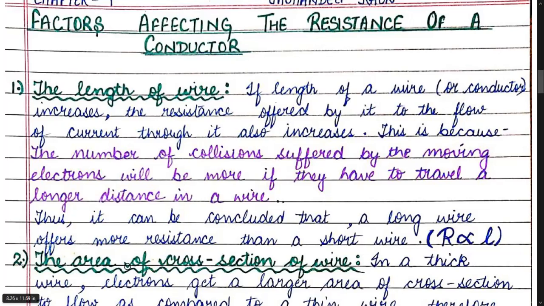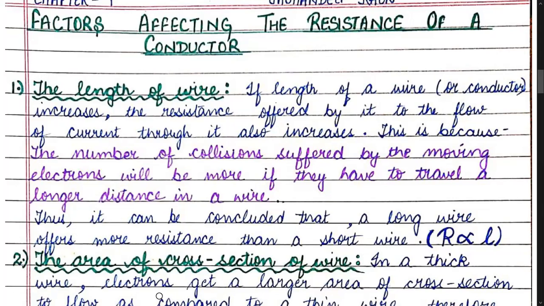This is because the number of collisions suffered by the moving electrons will be more if they have to travel a longer distance in a wire.